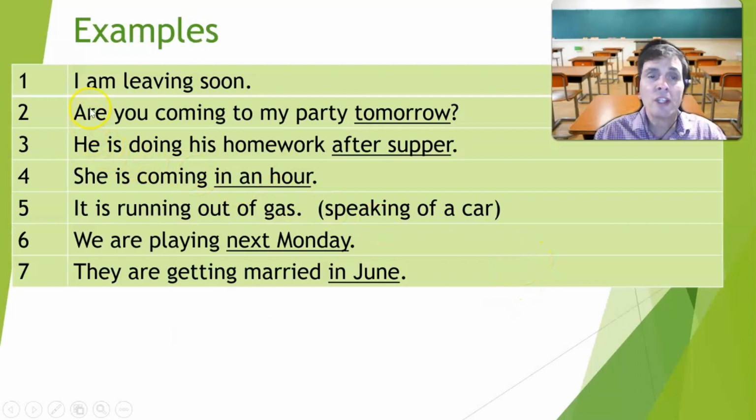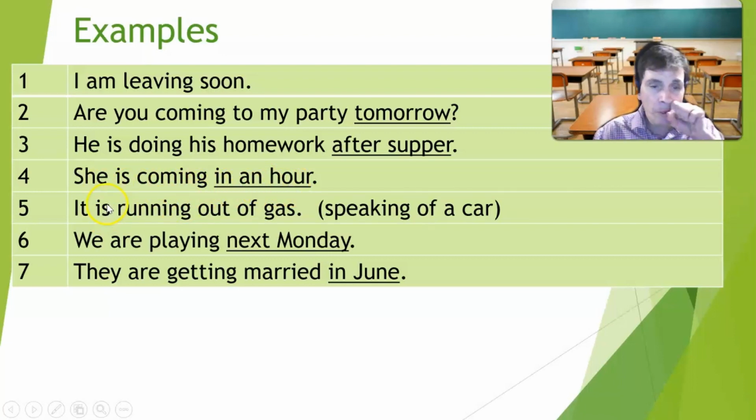Okay, so you can say, for example, I am leaving soon. Number 2, are you coming to my party tomorrow? He is doing his homework after supper. She is coming in an hour.